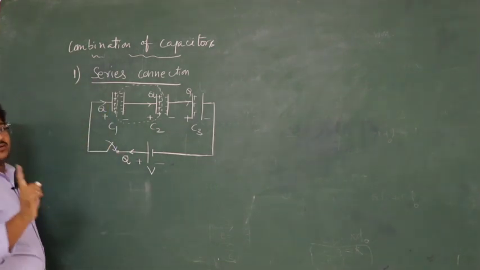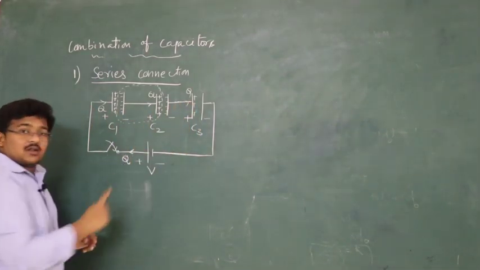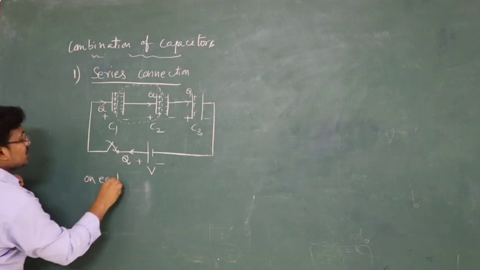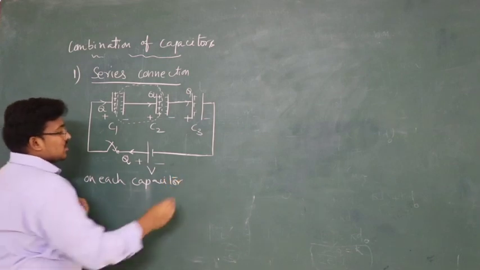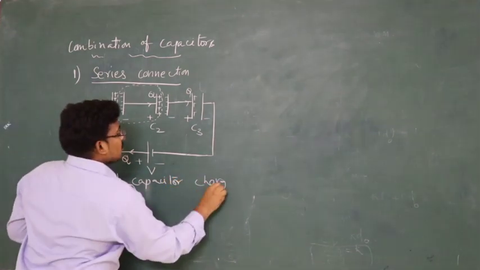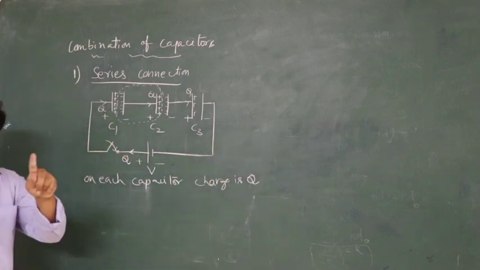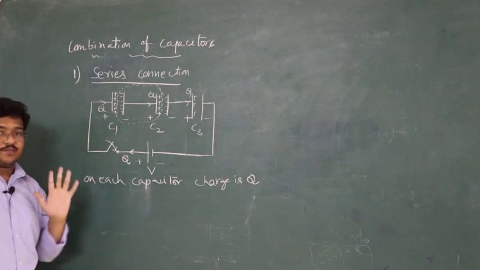Q, you can take plus Q. Now on each capacitor, what is the charge? Charge is Q stored. Means in series connection, charge through all the capacitors is the same.